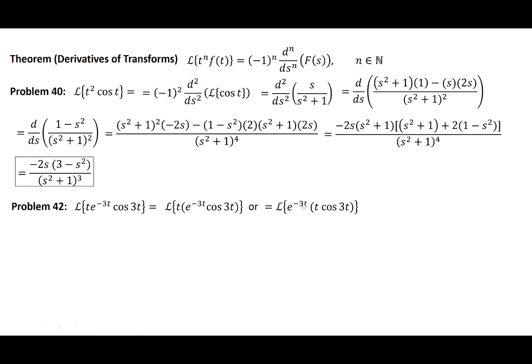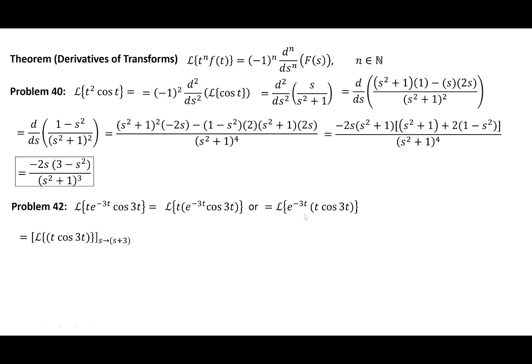The e to the negative at thing will cause us to apply a shift, s shifted by s minus a, or s shifted by s plus 3. To what? To the Laplace of t cosine 3t. But Laplace of t cosine 3t, oh, that involves a derivative. That's not a big deal. This is a derivative of a simple cosine 3t as opposed to a derivative of e to the negative 3t cosine 3t. So, they are both equally possible, but I think the second one is just a shade easier. So I would probably use that.